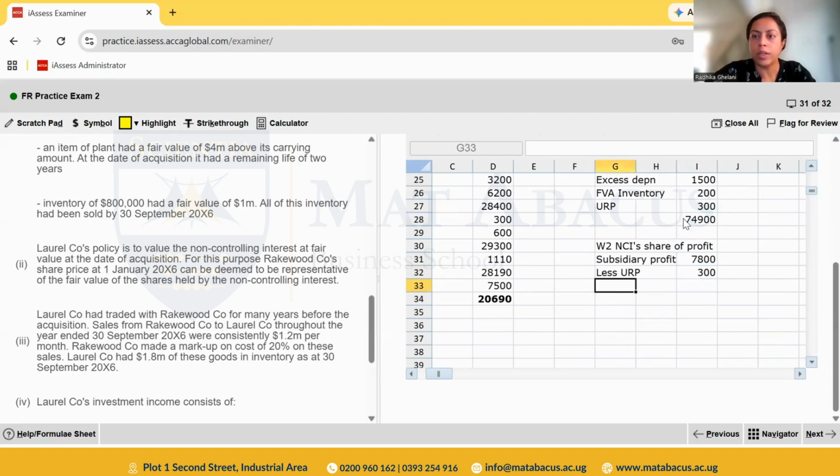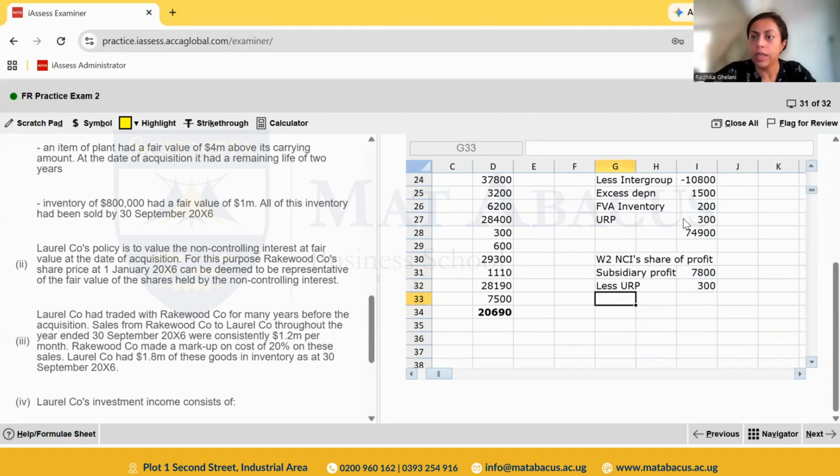We also agreed that there's going to be depreciation because there's a fair value adjustment on the plant. There's going to be excess depreciation, and that would reduce the value of the subsidiary's profit. So less the excess depreciation. Again, pick that figure from up. We've already computed that.